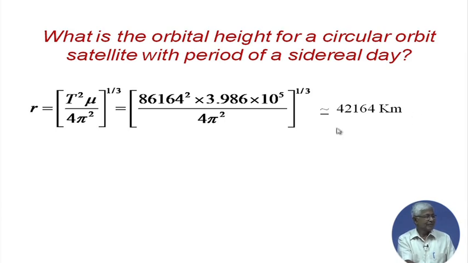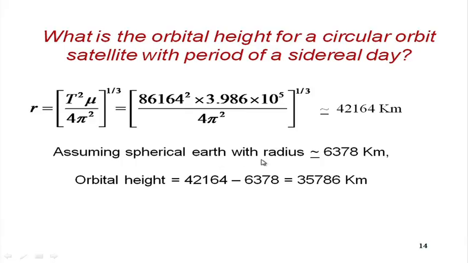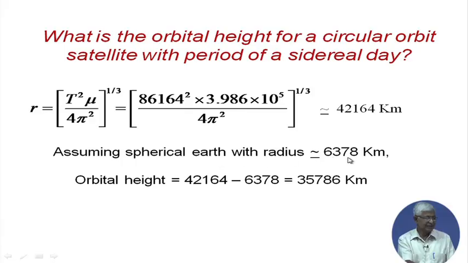So, you get a number roughly about 42,164 kilometer from the center of the earth, assuming earth as a sphere. So, if it is 42,164 kilometer from the center of the earth, at that orbital height, if it rotates in the same direction as the earth, then the satellite will be relatively stable to an observer on the earth. Assuming spherical earth with radius of 6378, the orbital height from the surface of the earth is 35,786 kilometer.